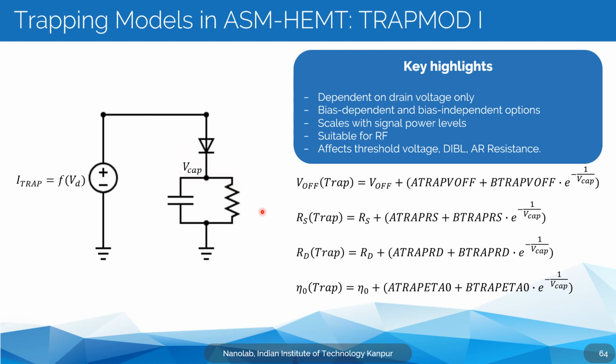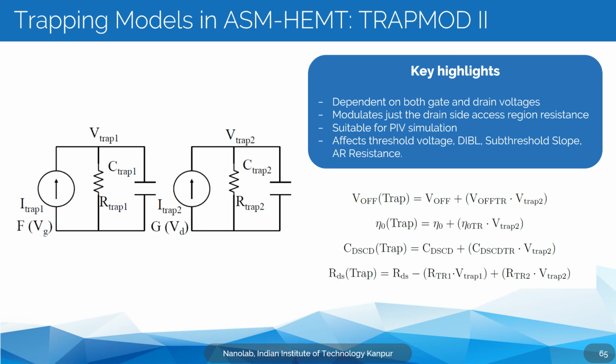And if you have a high power RF signal, then you'll have a significant shift in these values. So it's very suitable for RF applications, and it scales with the input RF power. So basically, when you have high power levels, you have more trapping, and you'll see more effects in the device performance.